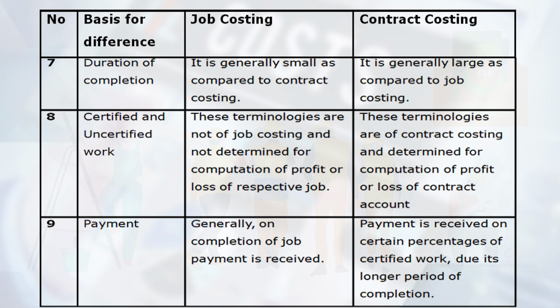And last point of difference is payment. Generally, on completion of job, payment is received under job costing, and under contract costing, the payment is received on certain percentage of certified work due to its long period of completion.